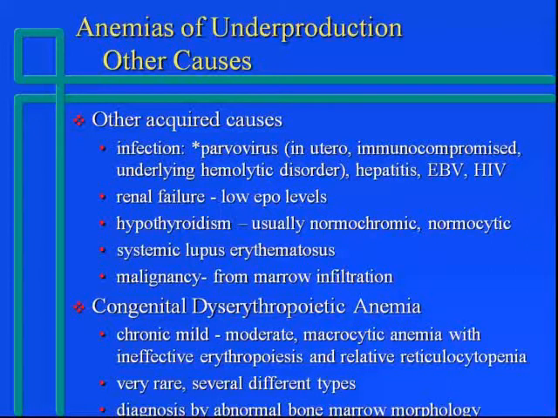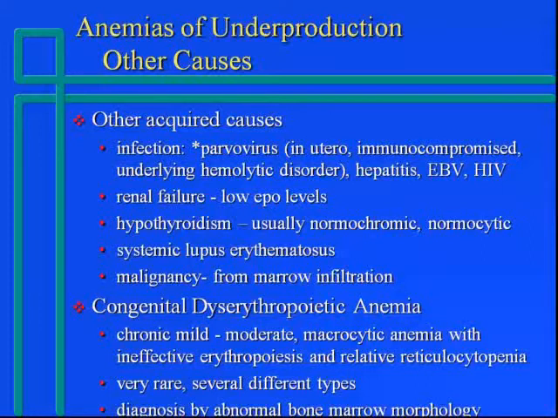If they then acquire parvovirus that shuts down temporarily their red cell production, they can very precipitously drop their hematocrit, and this is the so-called aplastic crisis that we talk about in patients with sickle cell disease or other hemolytic disorders. The hepatitis viruses, Epstein-Barr virus, and HIV are also associated with red cell aplasia.